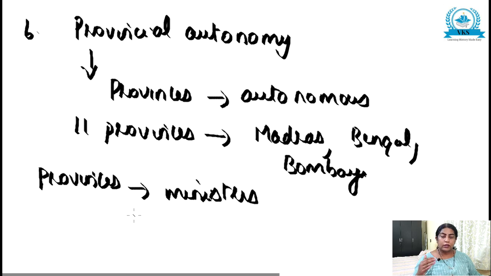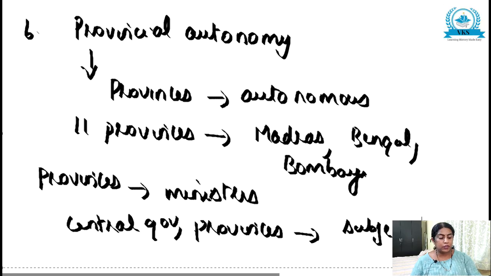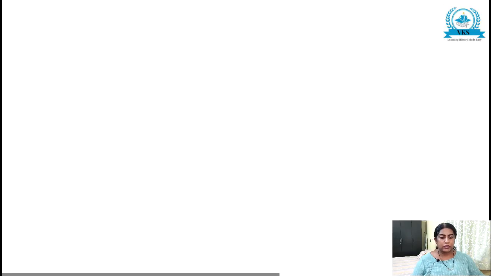So the legislative relation between the central government and the provincial government was maintained according to the subjects provided in the Act. These were the main provisions of the Act of 1935.